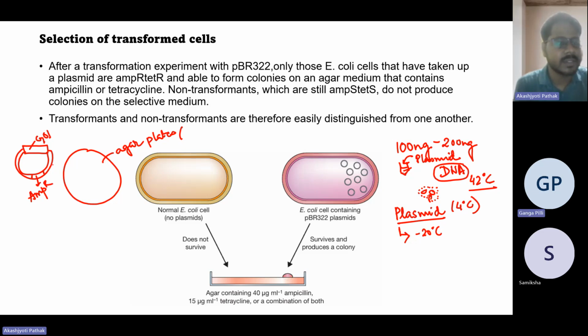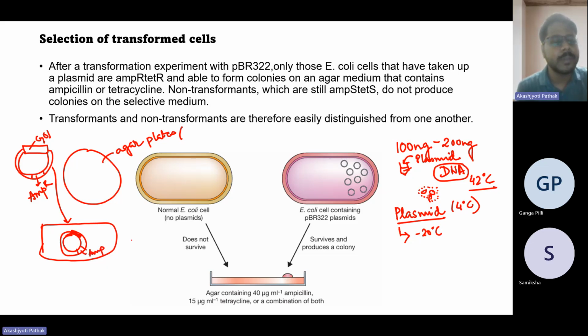Now you have transformed this plasmid into the bacterial cell. So this is your E. coli cell, and this plasmid has entered this E. coli cell.